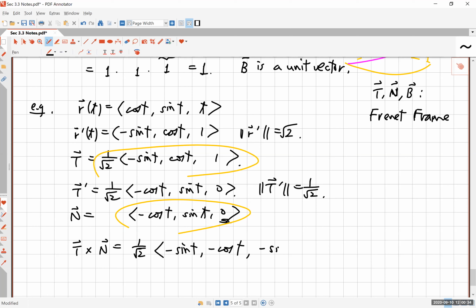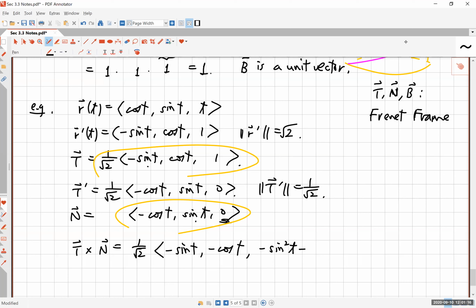Let me go ahead and write this. It's going to be negative sine times sine, minus, let's see, you have this times this. That's negative sine squared minus this times this.